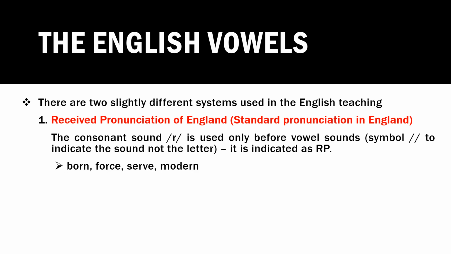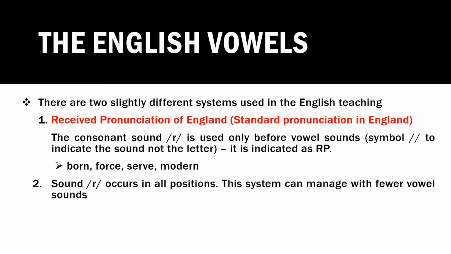So they will pronounce those words as born, voice, serve, modern without the pronunciation of R. But in other pronunciation styles, they will use the sound of R even after the vowels. So they can read those words as born, voice, serve, modern with a sound of R.